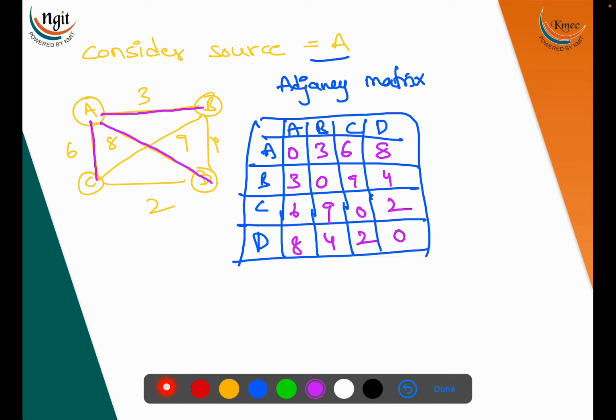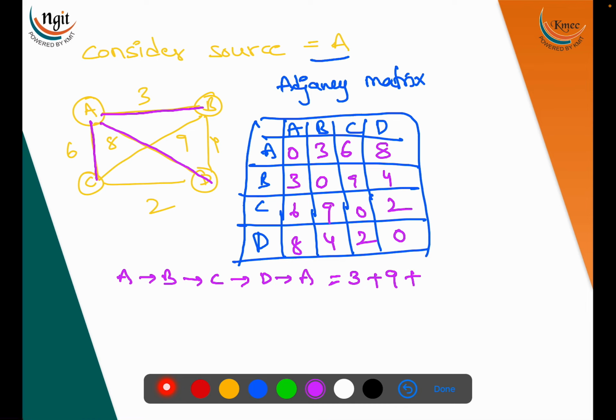Now once you have found the adjacency matrix, consider all the permutations of this graph. The first is what? I am traveling from A to B, B to C, C to D and going back to A. So what is the cost of A to B? 3 from the graph. From the matrix or from the graph you can take. So the cost of B to C, 9.